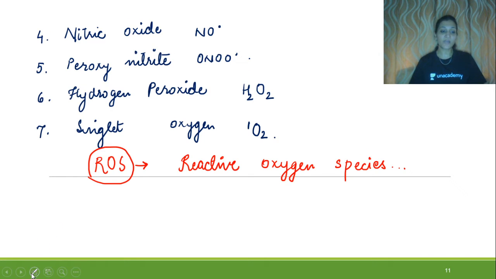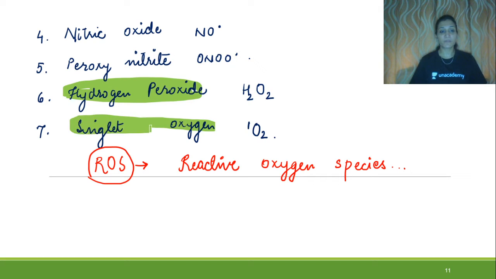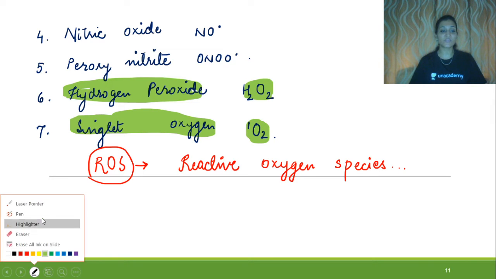And one more thing I want to make clear over here is that hydrogen peroxide and singlet oxygen, these two are not exactly free radicals. But they are highly reactive in nature.